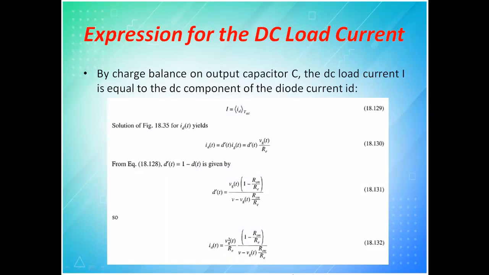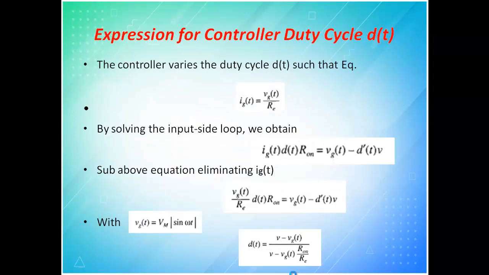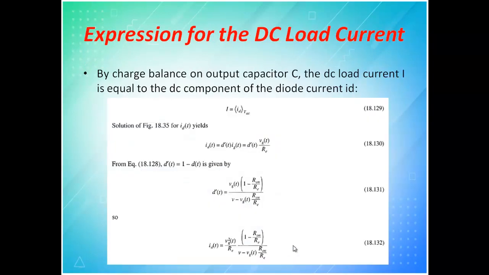After calculating the duty ratio, the second step is to calculate the load current, that is, the current coming on the load side. For that the equation is I of t, differentiate I with respect to t, so that becomes d of t V by C, where Ig of t we all know has been substituted here. Then d dash of t is 1 minus d of t, this is just a differentiation.